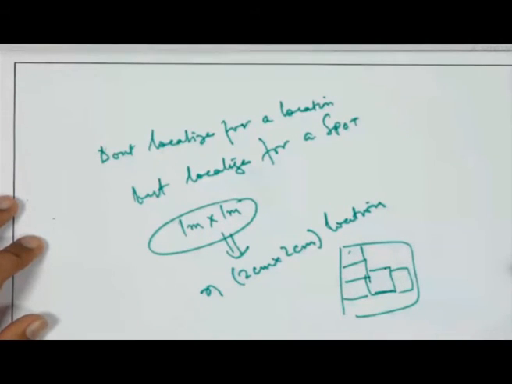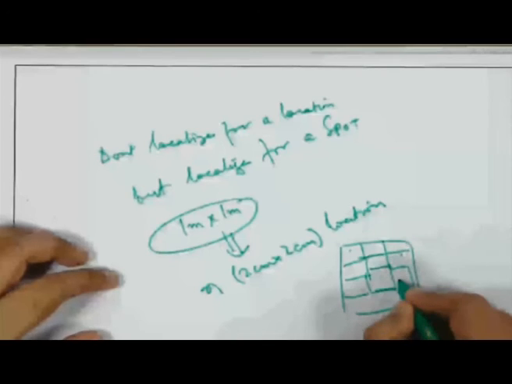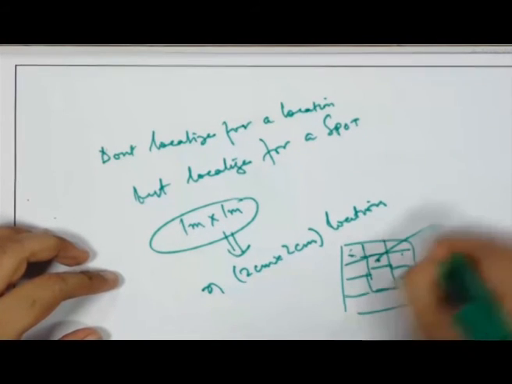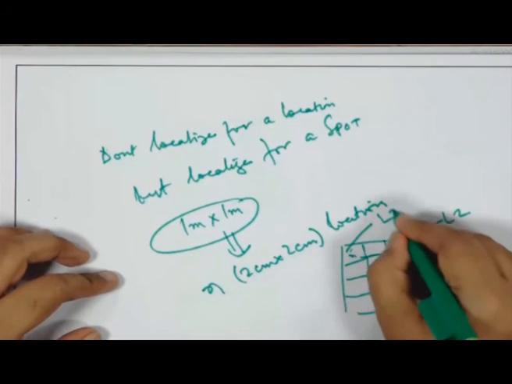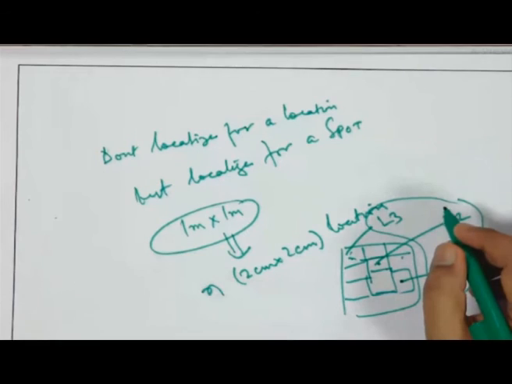Let me go back to this picture and tell you that we have localization for a spot. I will leave you the slides so you can go through them in detail. Now you take spot 1, spot 2, spot 3, so location 1, location 2, location 3, and you see in how many locations it is matching.